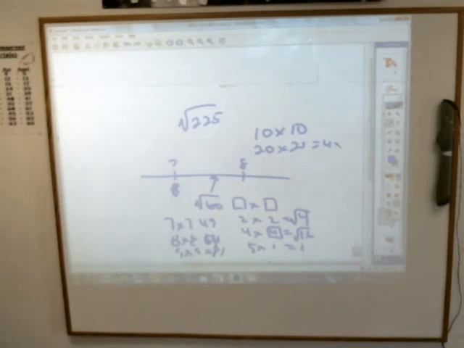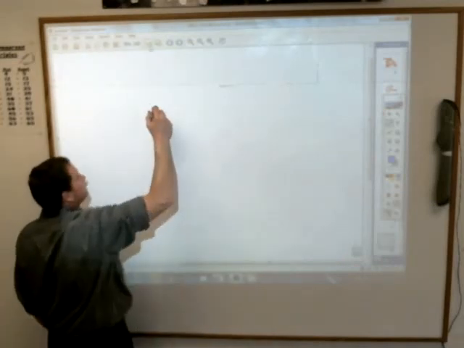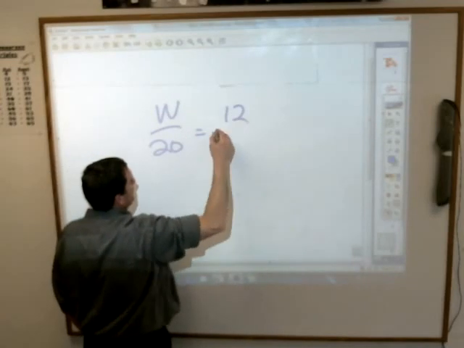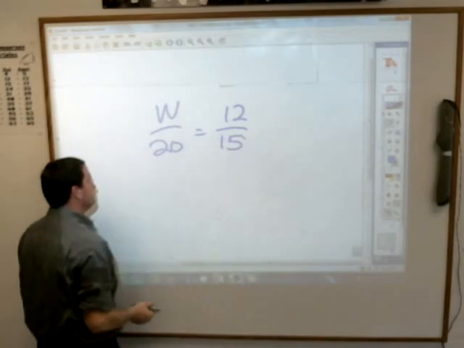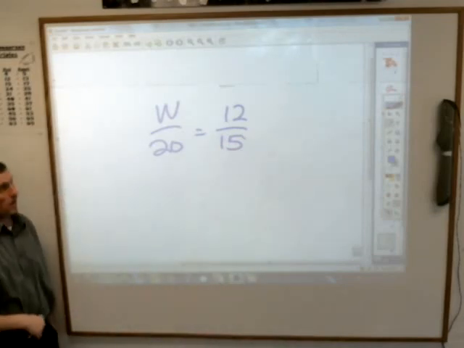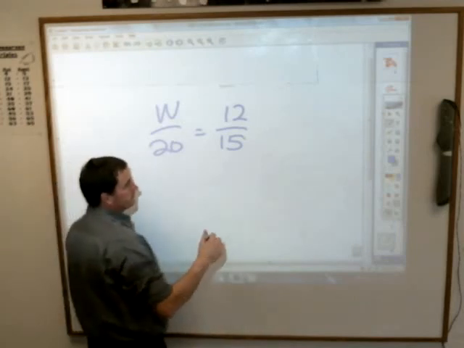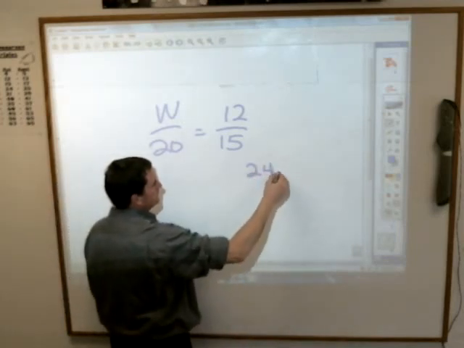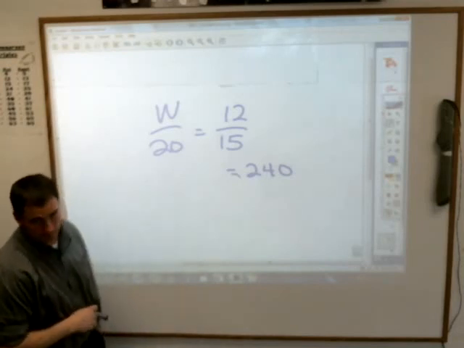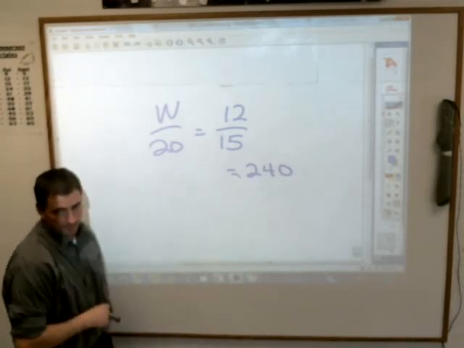W over 20 equals 12 over 15. So tell me how you go about doing this, Kendall. I multiplied 20 times 12. You got? 240. And then did what? And then divided it by 20. Why would you divide it by 20?